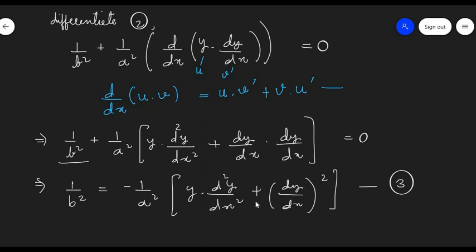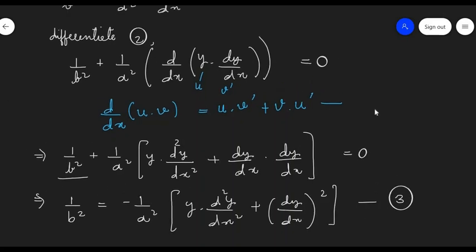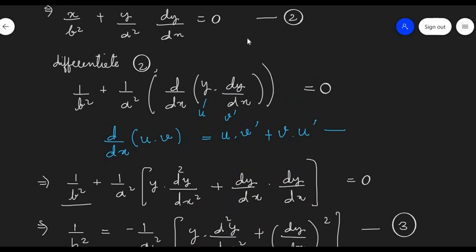Now we can substitute equation number 3 in equation number 2. We have calculated the value of 1 upon b square. Let us see what we get after substitution.